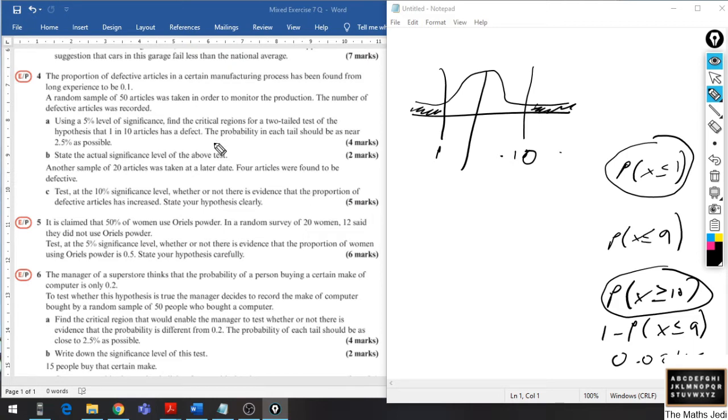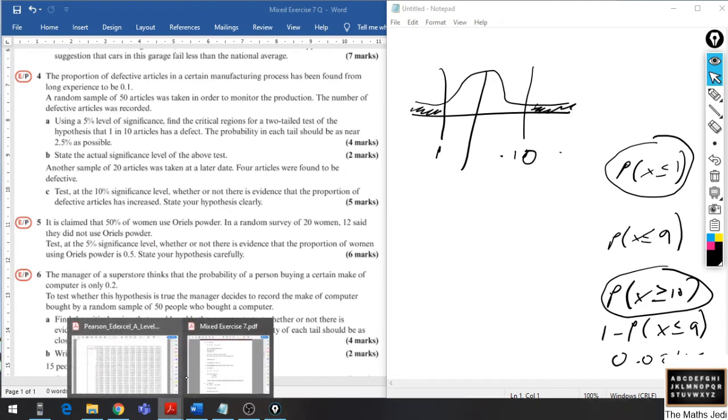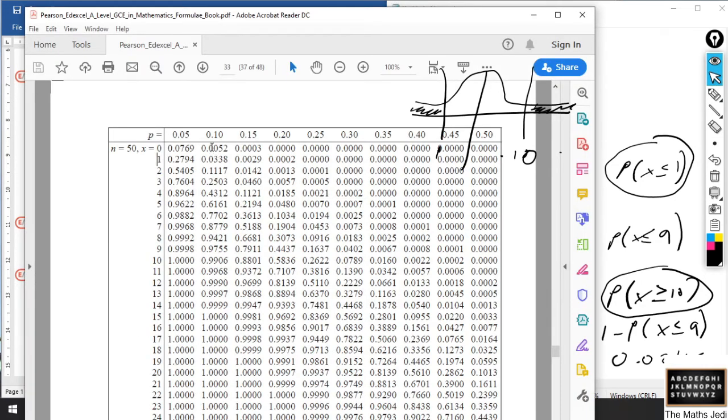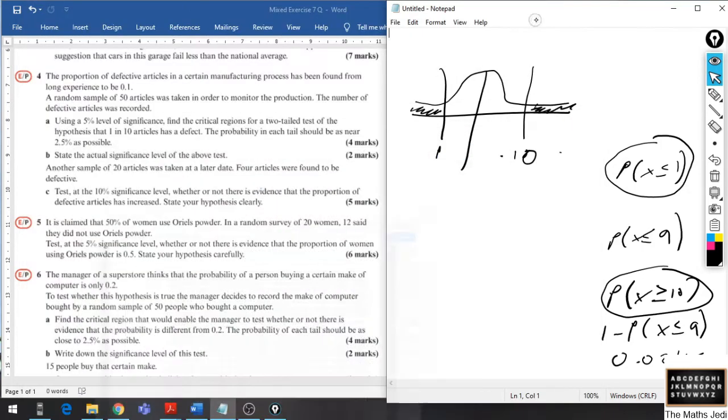Now it does say in part B to state the actual significance level of the test. So we've got this one here. I just want to pull up the table once again because we need a table for that. So here's a table once again. It was 0.0338, so it's 3.38%, and that's 2.45%. So you just need to add 0.0338 and 0.0245 together. I've got the calculator here.